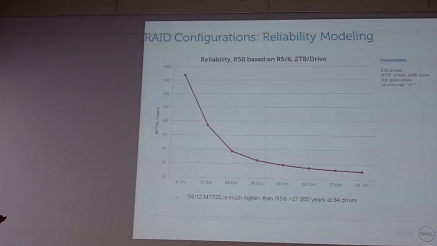The main parameter that we were looking at here was the mean time to data loss. So we wanted to see whether RAID 5 is even feasible for this configuration.